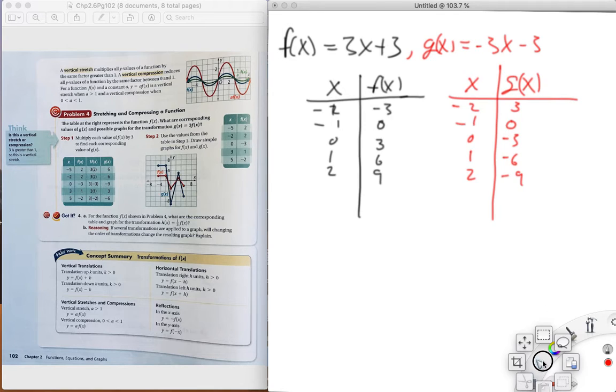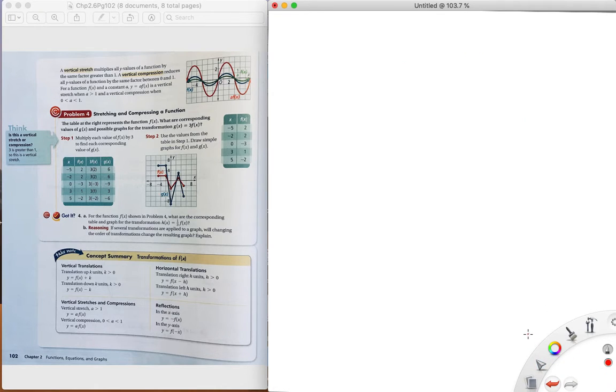Vertical and horizontal stretch. When we talk about a vertical stretch, you're multiplying the function by a number that is greater than 1.